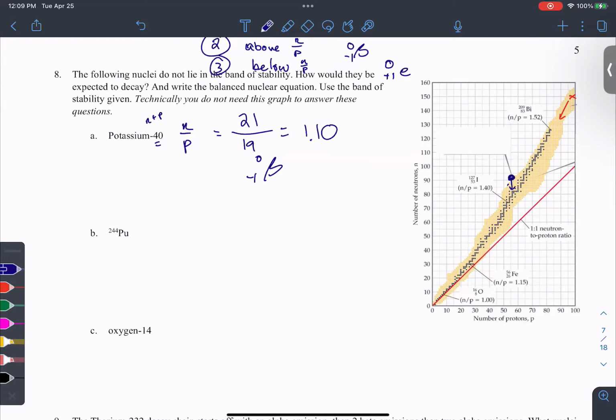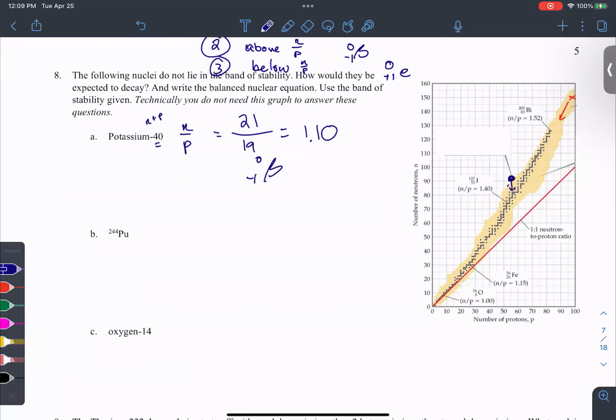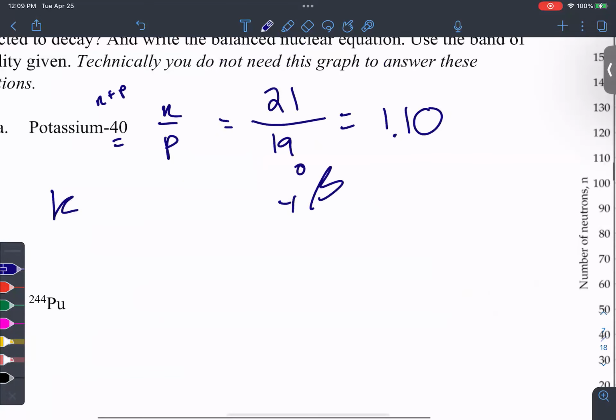Because potassium is quite a light element, its neutron to proton ratio should be 1, but we're above 1, so it's going to undergo beta emission. So what would the product be? K, 19, 20, is the reactant. What's our other product? Oh, it's 40, sorry. 40, 20, calcium.